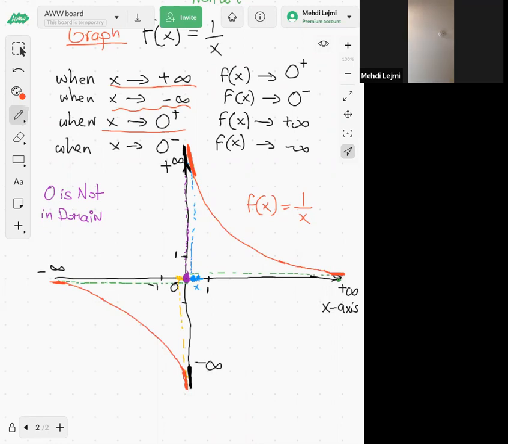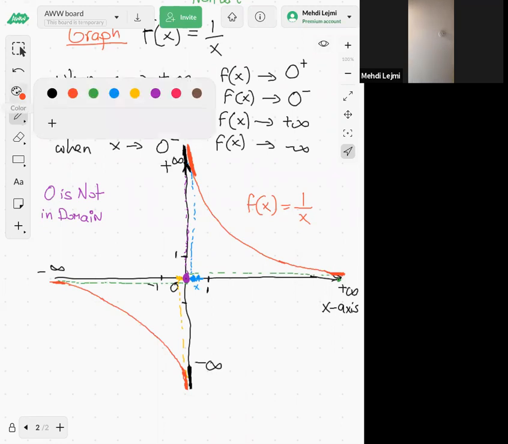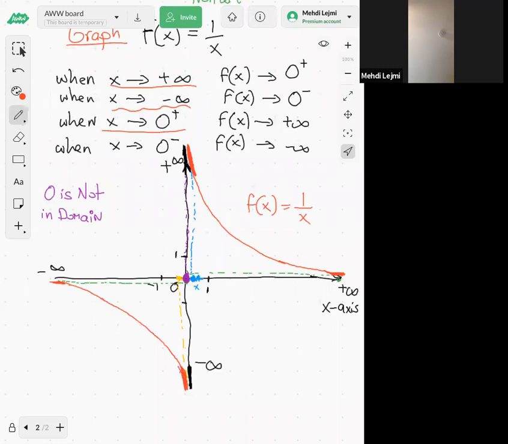It means that 0 would have an image, right? But 0 is not in the domain. It's excluded from the domain. So 0 has no image. So you see here in the bottom, this graph is getting very, very close to the y-axis, but actually it will never touch the y-axis, right? Because 0 is not in the domain, okay?